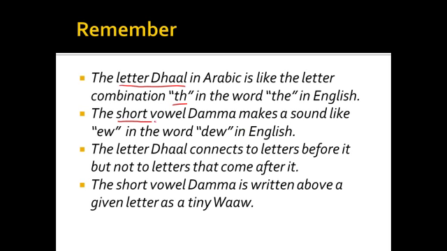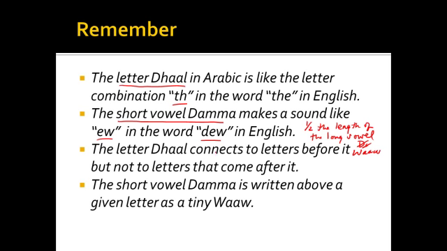Now the short vowel, Damma, makes a sound like the EW in the word do. So it's an oo sound. And remember, it is half the length of the long vowel, waw.